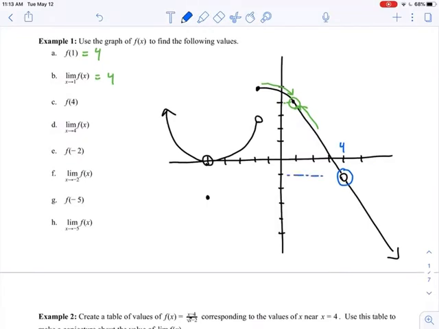My graph's not perfect, but it looks like a y value there of -1. But that open circle, remember, denotes a hole, which means that my graph does not exist at those points. So there's no closed circle anywhere to denote that my function exists at 4.